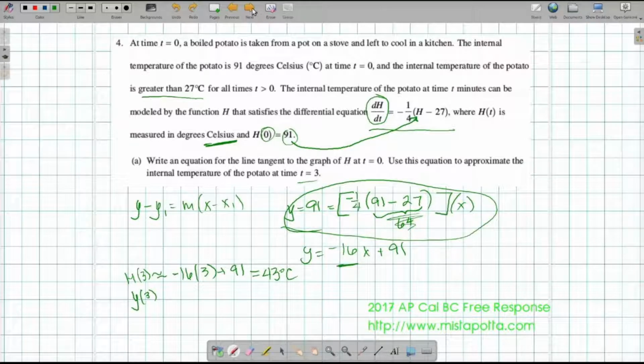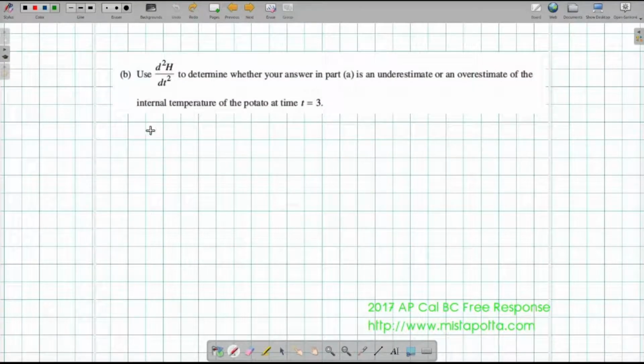All right, moving on, I'm looking for the second derivative. So that's really the derivative with respect to t of dh/dt. So I'm looking for the derivative with respect to t of this negative 1/4 times h minus 27. But keep in mind, this is not t, this is h.